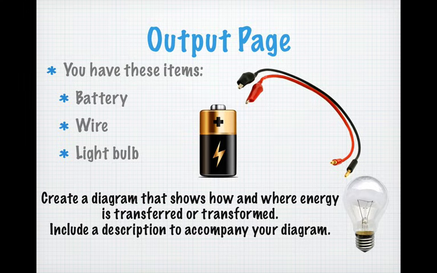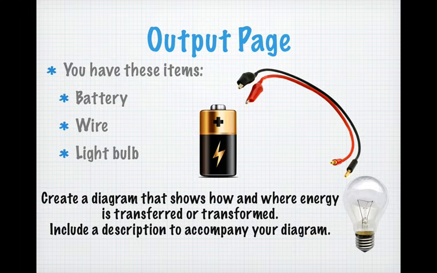Then that energy is transferred to the wire, and it changes from one type of energy that's stored within the battery to another type of energy that is traveling through the wire. Then that energy is transferred to the light bulb, and the light bulb lights up and it produces something. When a light bulb lights up, there is a certain type of energy released in the form of light.